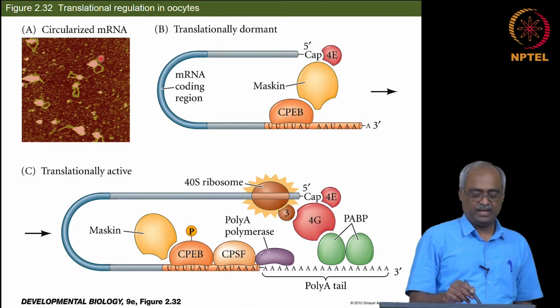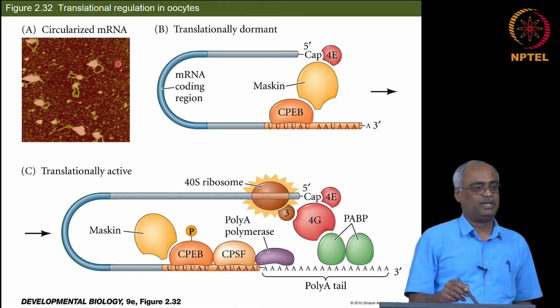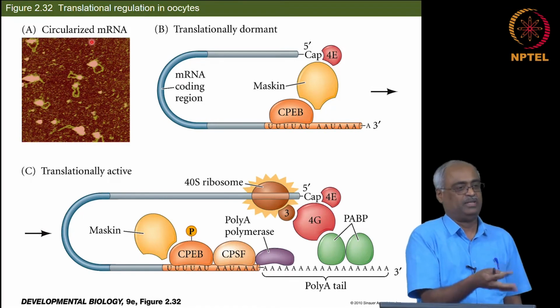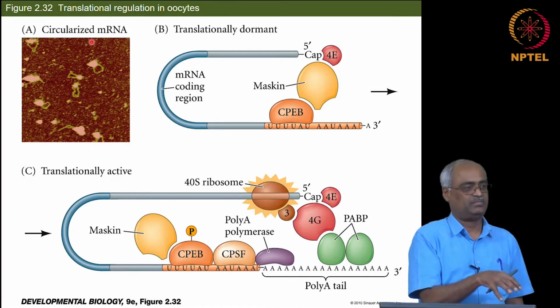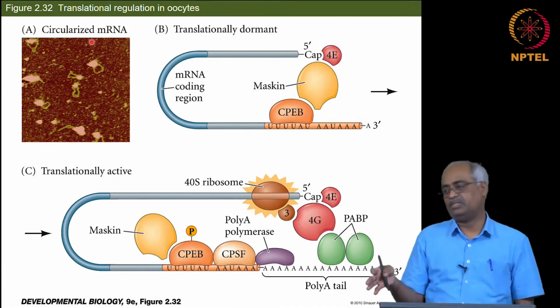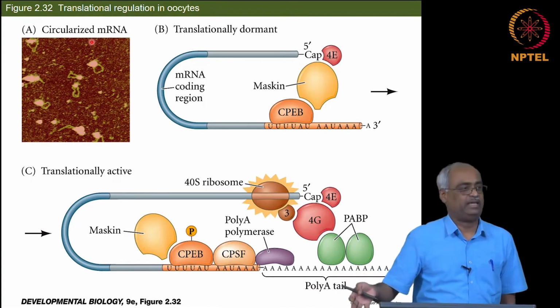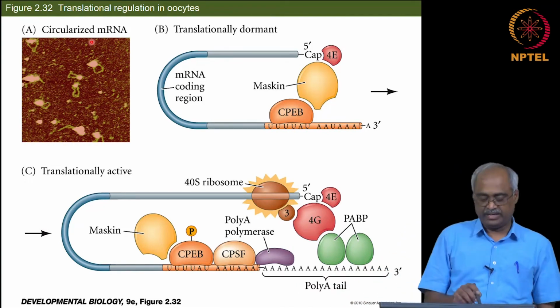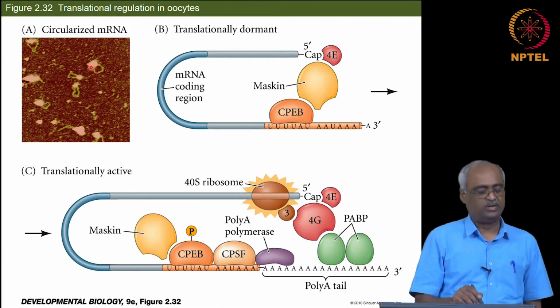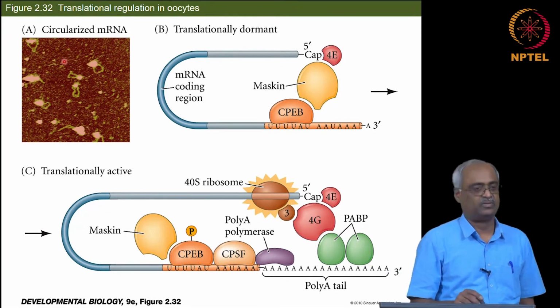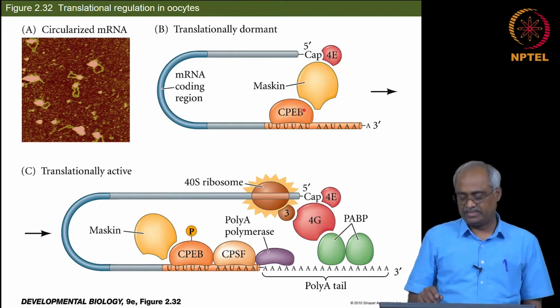The 5 prime end and 3 prime end are brought together by proteins that bind to the 5 prime cap, for example translation initiation factors that bind to the 5 prime cap and 5 prime UTR, etc. They interact with proteins that bind to the 3 prime UTR or 3 prime poly A tail, and those protein interactions make them into a circular structure. That is what you are seeing in this electron micrograph.